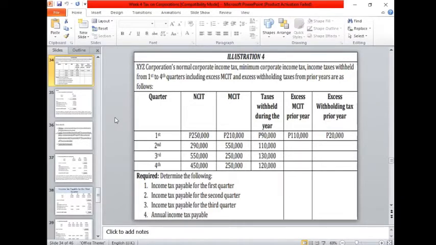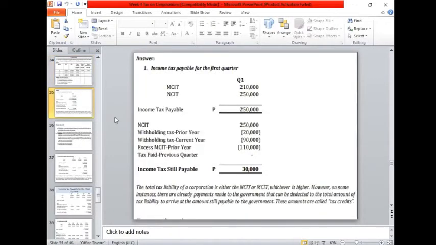So let us discuss it one by one on how to compute for the corporate income tax on a quarterly basis. Okay, so first, we have to compute for the income tax on the first quarter. Of course, let us compare the corporate income tax on the minimum and the normal. Since the normal corporate income tax is higher than the minimum corporate income tax, we can adopt the 250,000.